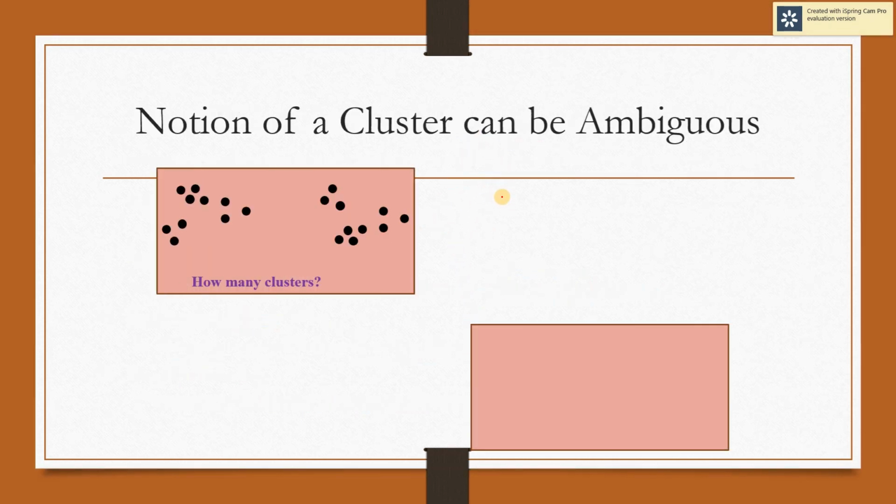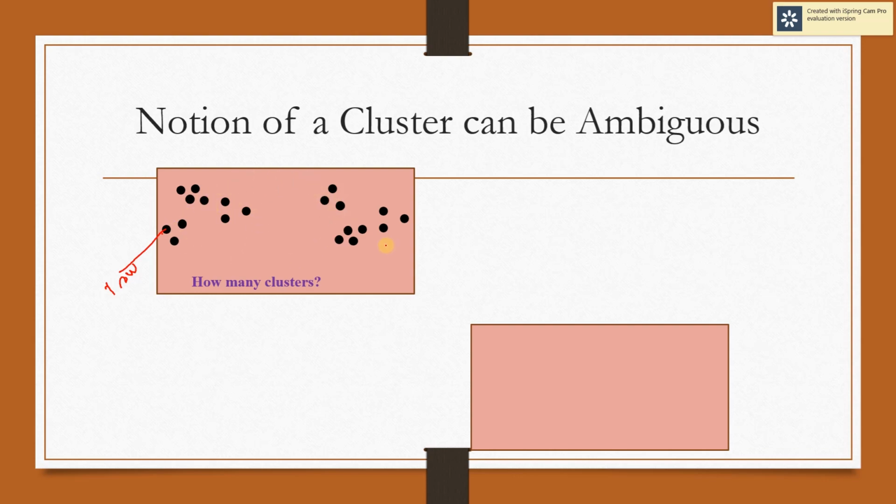However, when we talk about cluster analysis, the notion of a cluster can be ambiguous. If we take a look at this data set, you consider each point to be one row, one sample, or one example. How many clusters can you see?